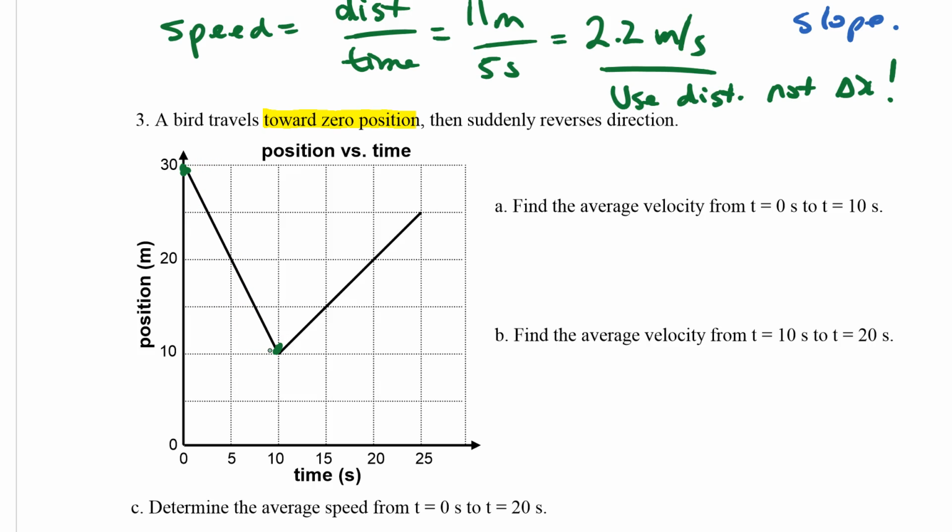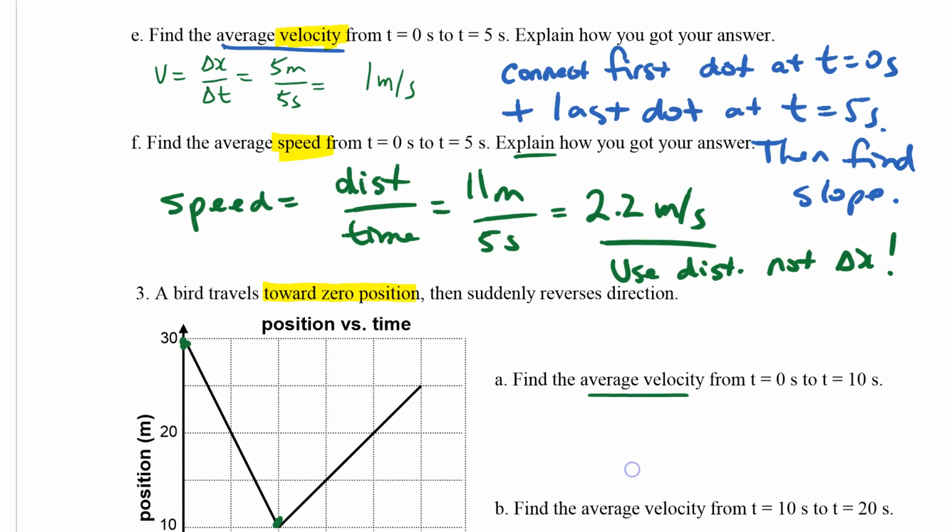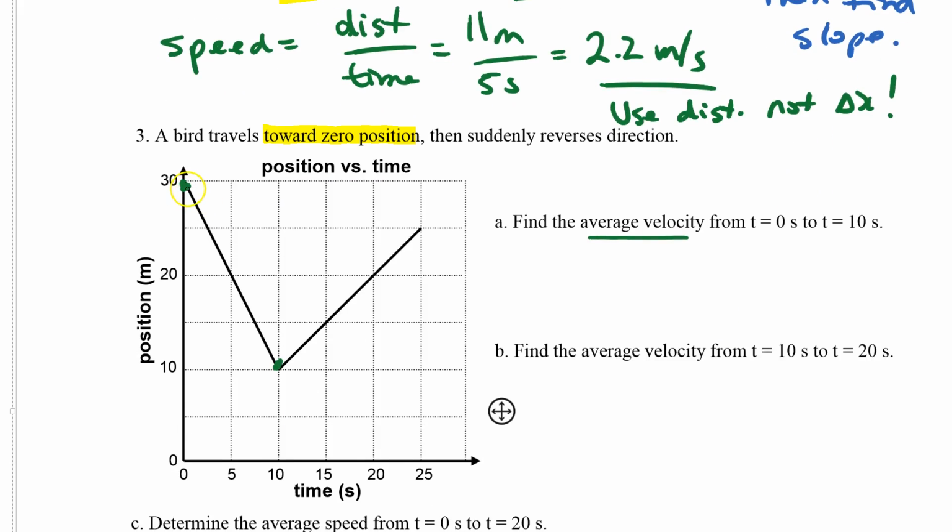Average velocity from 0 to 10 is actually a straight line. So it's interesting, in this case, average velocity is the same thing as the constant velocity because they're going the same the entire period of time. Like I said before, we could connect the first dot and the last dot and then find the slope. If I connect the first dot with the last dot, time t equals 0 and t equals 10, I just get the regular straight line here.